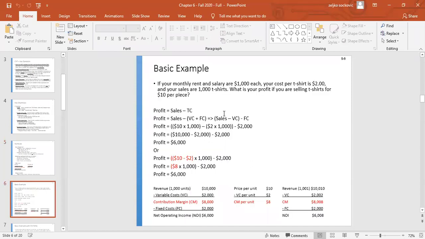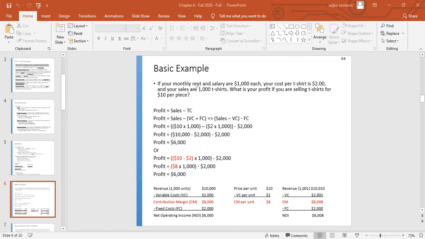Okay, so some basic examples, and you can see here, for example, different ways to approach the problem. This is a very basic example. So we have here what? We have our monthly salary, and we had this example when I asked you in chapter 1, right? What is the answer?